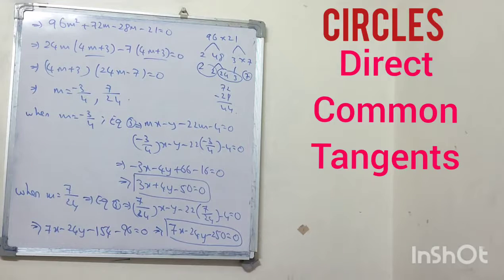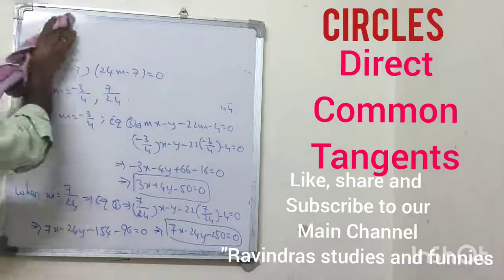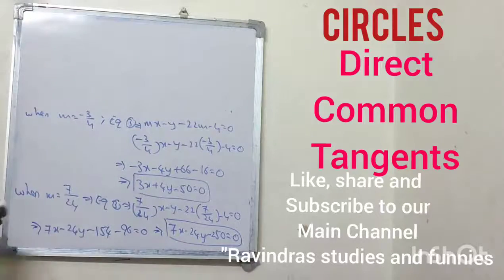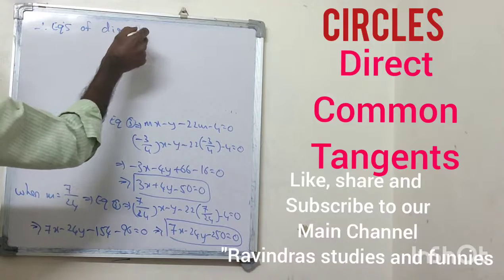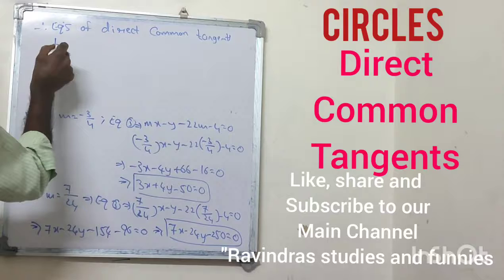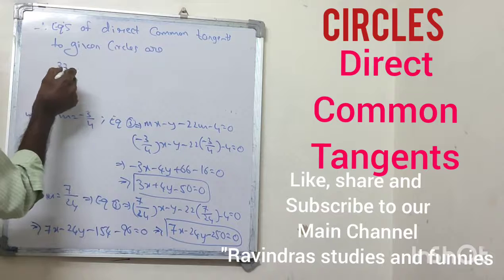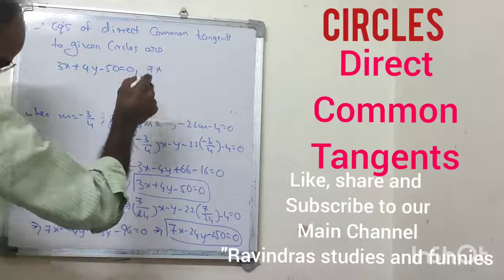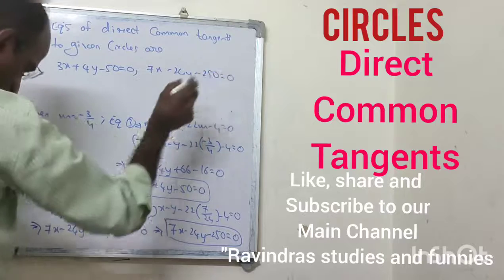Ultimately at the end you have to write like this: therefore, equations of direct common tangents to the given circles are 3x plus 4y minus 50 equals 0, comma, 7x minus 24y minus 250 equals 0.